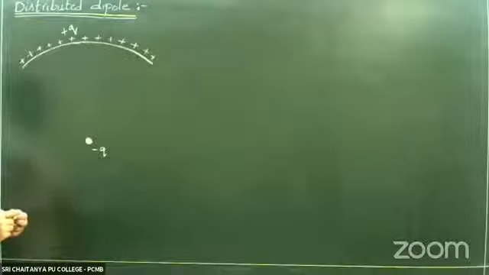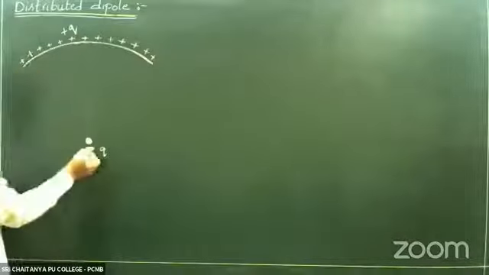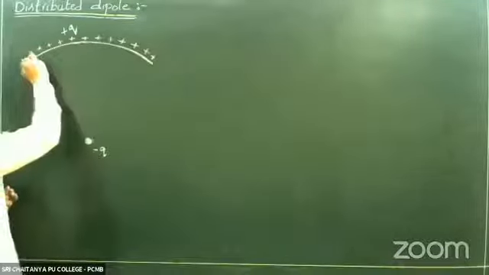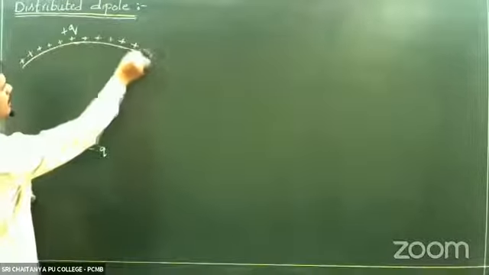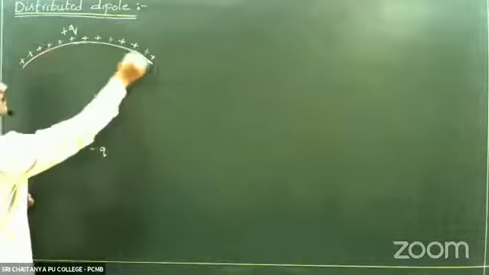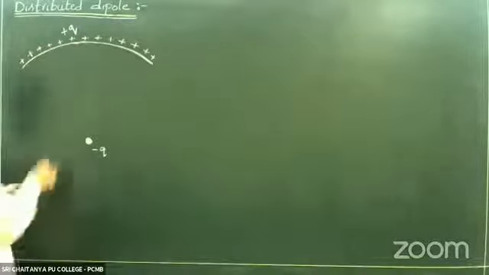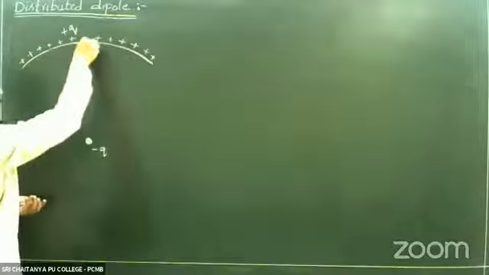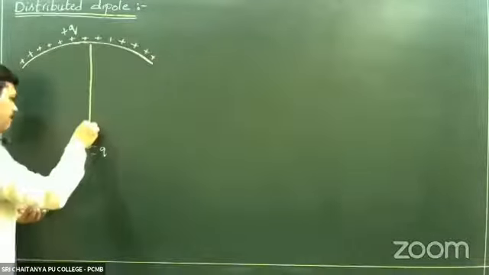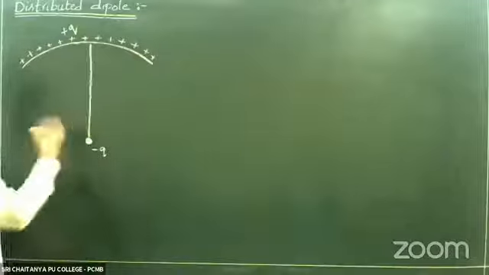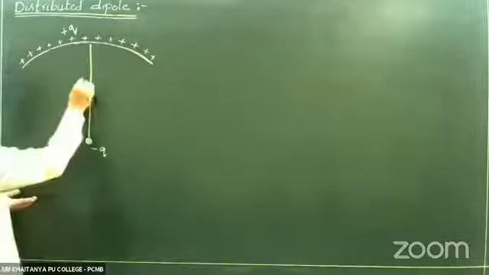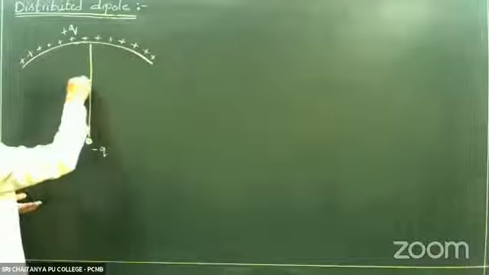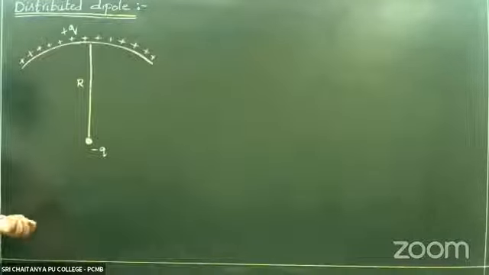So what is the dipole moment of this distributed dipole? That is our question, right? So this is the negative charge and the positive charge is distributed like an arc. The distance between these two is the radius of this arc, equal to r, right?